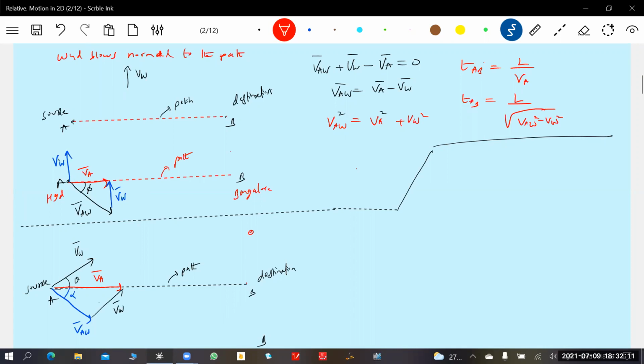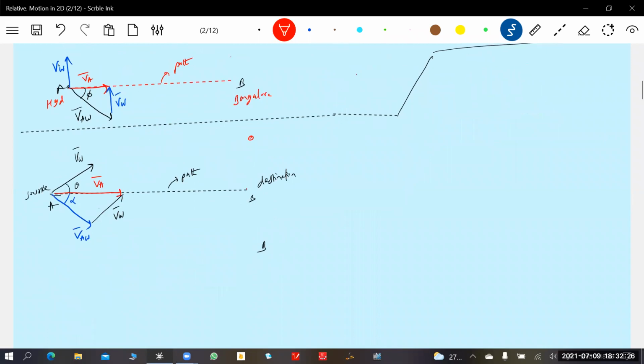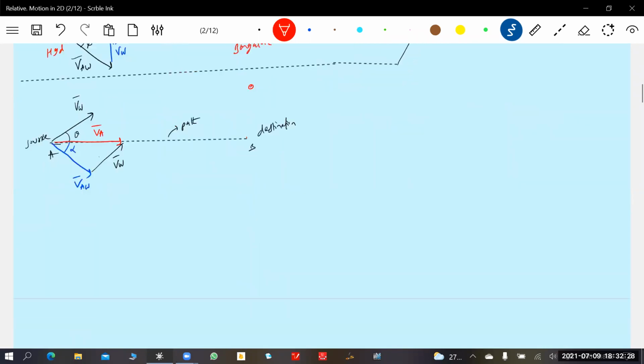The velocity of aircraft with respect to ground should be directed along AB. That's the only condition. Nothing else is there. When it's moving from A to B, there's a condition. The net resultant velocity should be along the path.